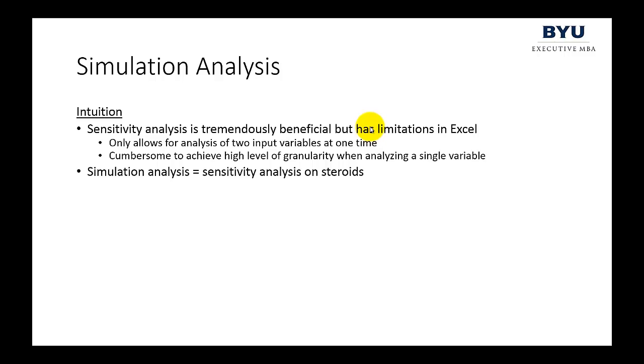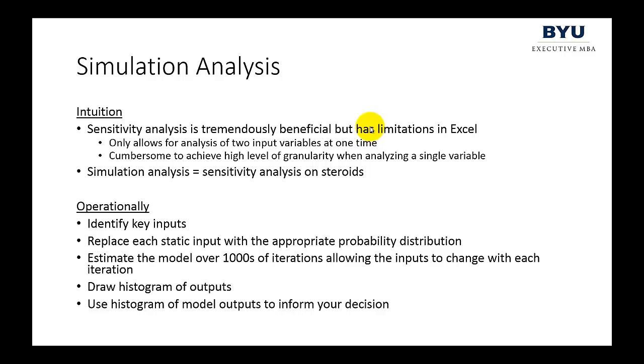Let me march us right into the heart of simulation analysis. Operationally, here's how we execute simulation analysis. First off, identify your key input variables, the input variables about which there is uncertainty, and variation in those input variables will change the model output.